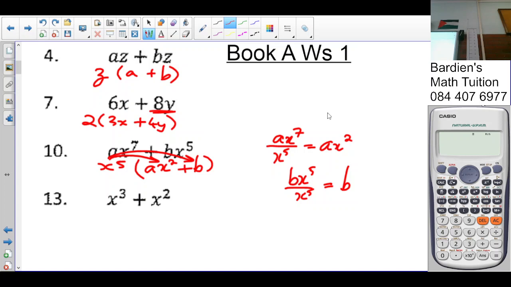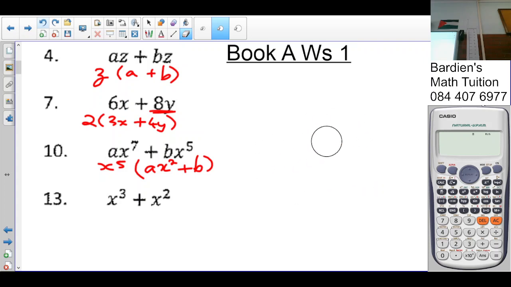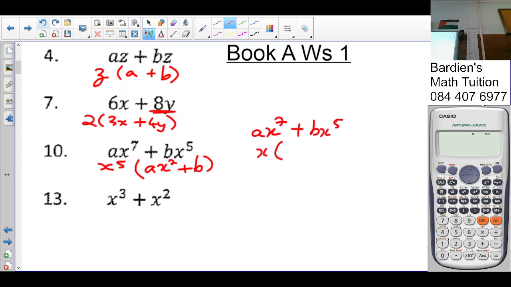If you had said, because some of you called out x initially. Let's see why x is not the right answer. Because I've got ax to the 7 plus bx to the 5, and you guys are saying x is common, which it is.